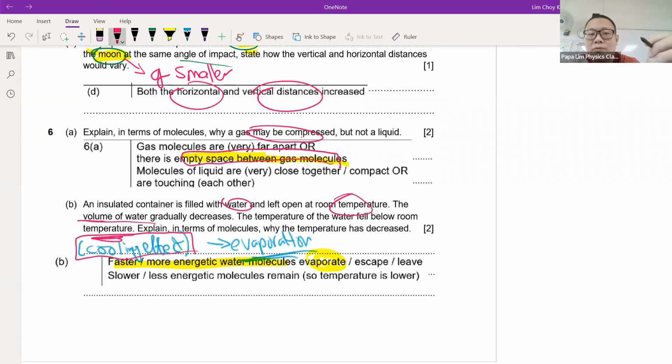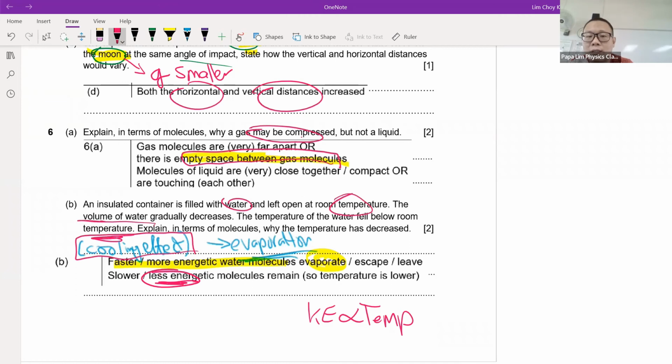The main reason is that when the molecules leave the surface, those that left are the ones with high kinetic energy. Kinetic energy is always tied to temperature. So when the faster, more energetic molecules evaporate, what is left behind are the less energetic molecules, with lesser energy.